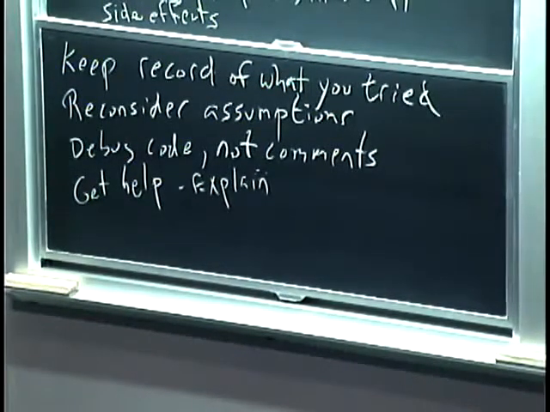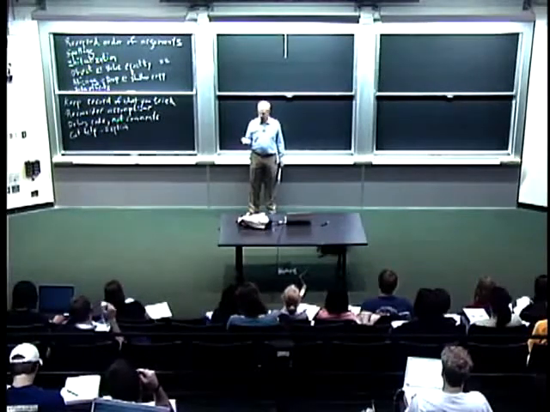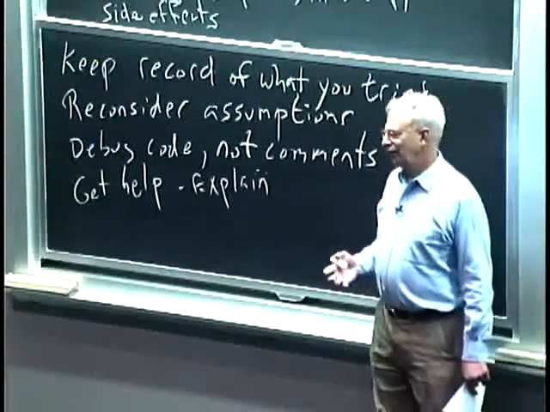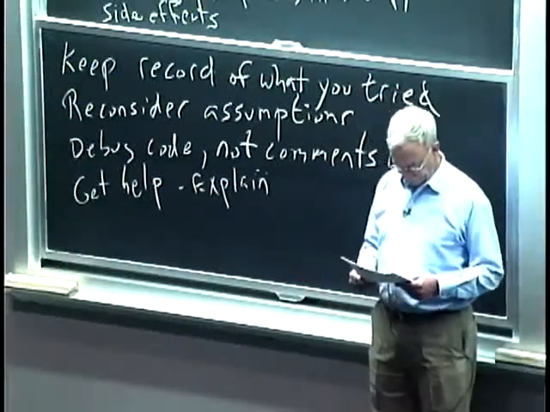And probably 80% of the time, halfway through my explanation, I say, oh, never mind. I'm embarrassed, and I send them away, because just the act of explaining it to him or her has helped me understand it. So when you're really stuck, get somebody and try and explain to them why you think your program is doing what it's doing.